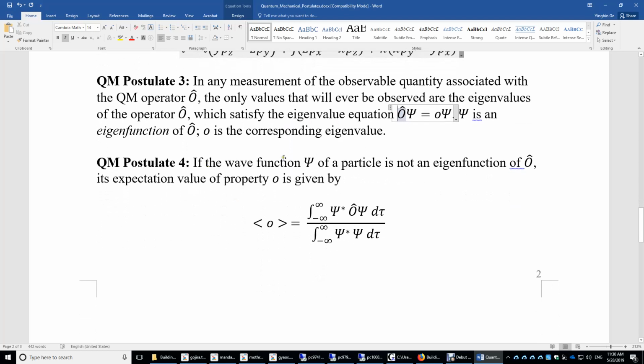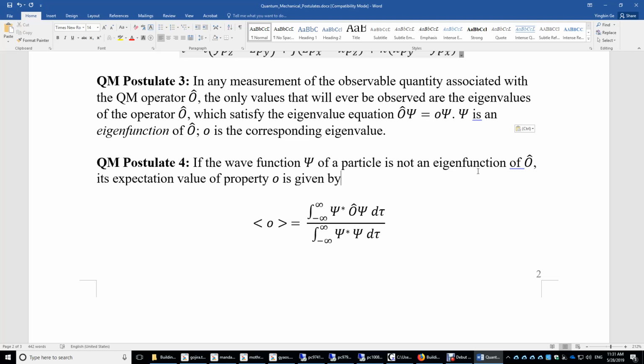Postulate 4. What if you have a wave function of a particle that is not an eigenfunction of this O operator? For example, x is not an eigenfunction of the position operator x. If you apply the x operator to x, you get x squared, and x squared is not a constant times the original wave function x.